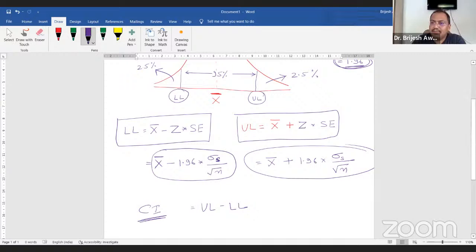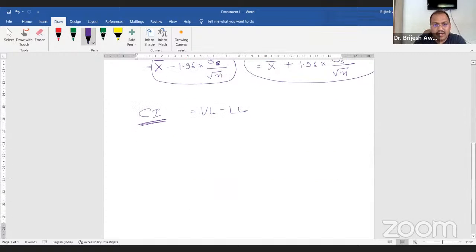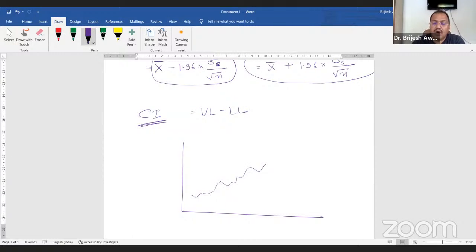If you remember, yesterday I drew a time series and I was forecasting the data. So this is my forecast, and you may remember there is such a confidence interval.